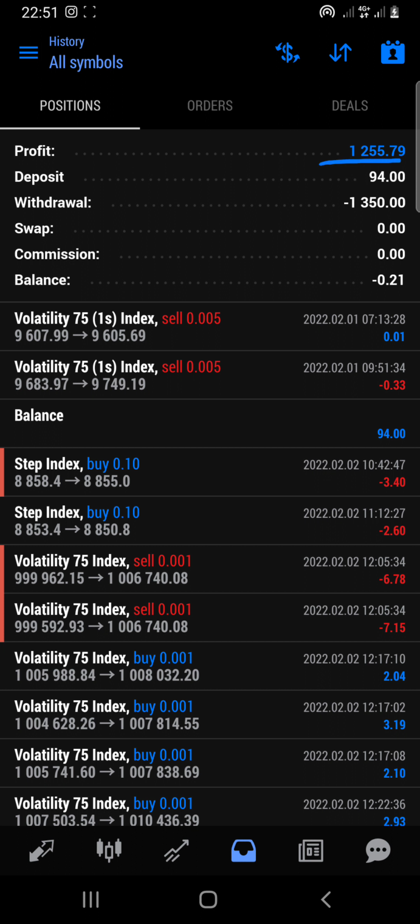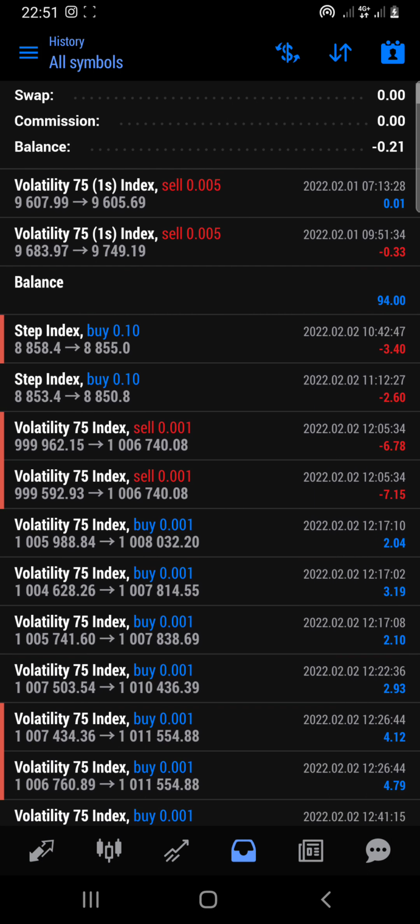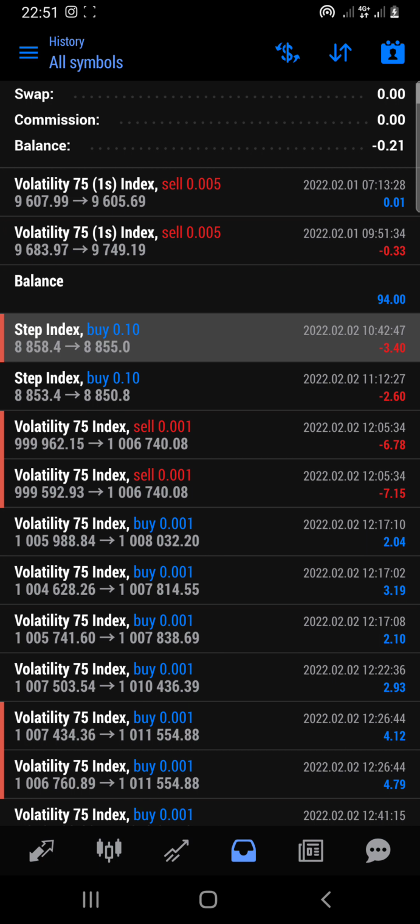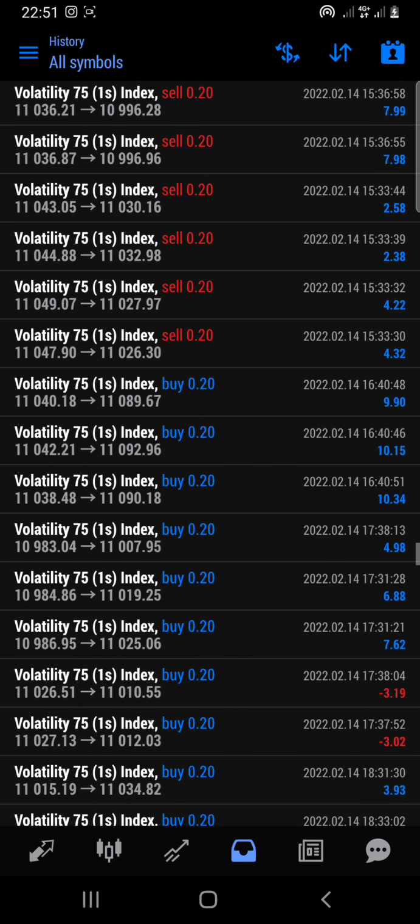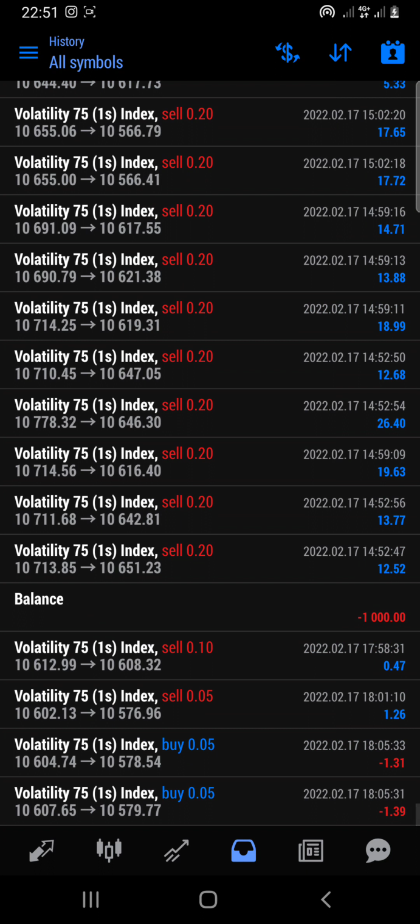You can see this is more than 1,000% I made in this account in the space of about 2 weeks or so. You can calculate the weeks. Look at when I started trading, down to when I finished trading right here.